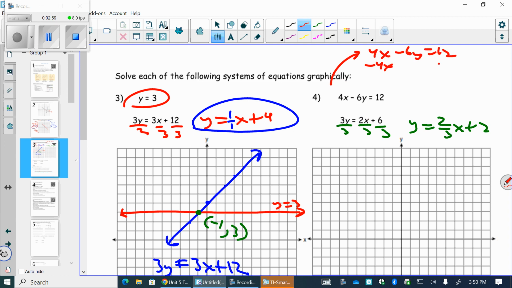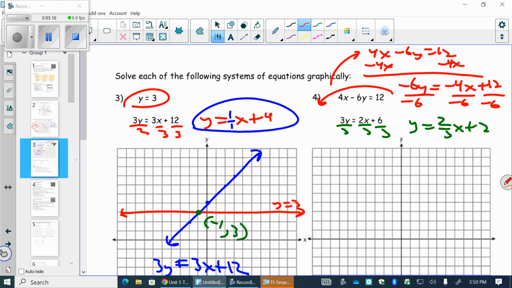Minus 4x. I feel like most people would do that. Negative 6y equals negative 4x plus 12, right? Divide by negative 6, divide by negative 6, and divide by negative 6. And if we do that correctly, we end up getting y equals 2/3 x minus 2.